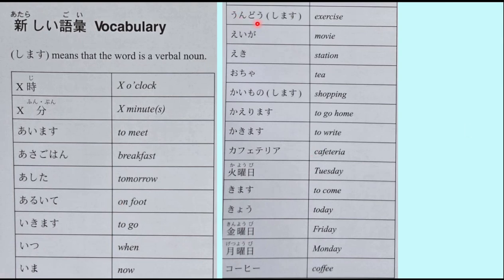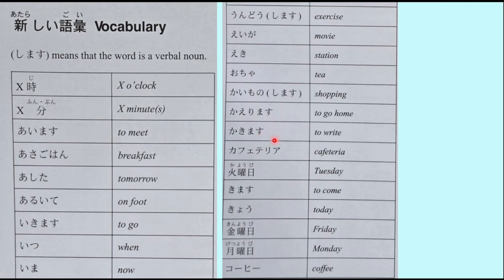Then we have undo shimasu, that means exercise. So as you can see here, it's written shimasu in brackets, which means that the word is a verbal noun. Undo shimasu, that means to do exercise. Eiga, movie. Eki, station. Then ocha, tea. Kaimono shimasu, shopping. Then we have kaerimasu, to go home.